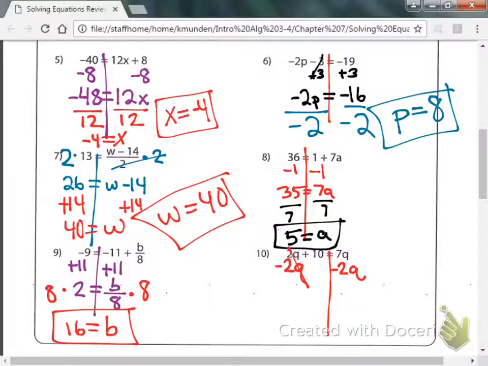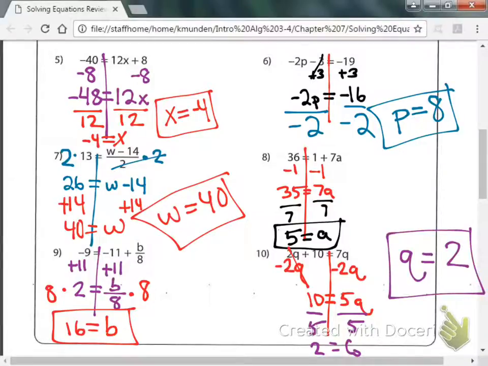So don't subtract it from the 10. People get a little crazy with that step. So we have 10 equals 7q minus 2q is 5q. And then it should just look like all the last steps. You just get rid of the multiplication by dividing. So that's 2 equals q, or the more popular way is q equals 2. Kind of rhymes. Q, 2, 2, Q.